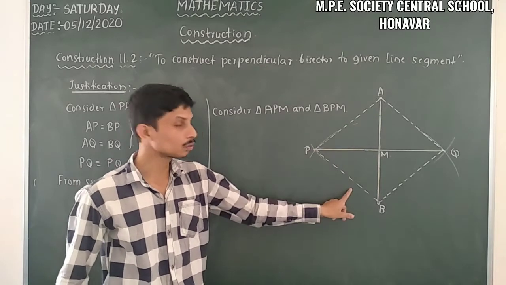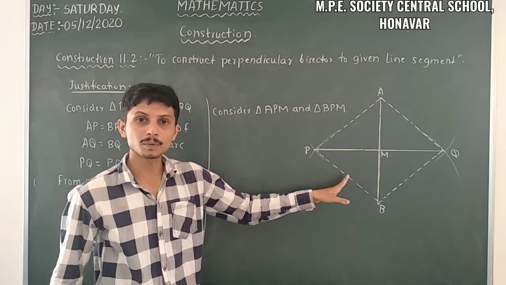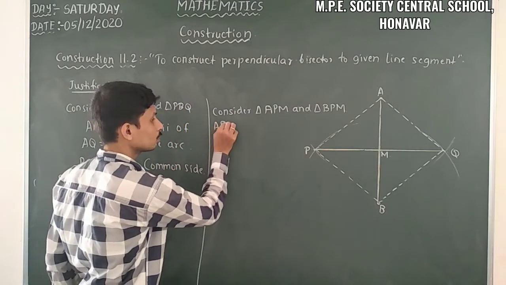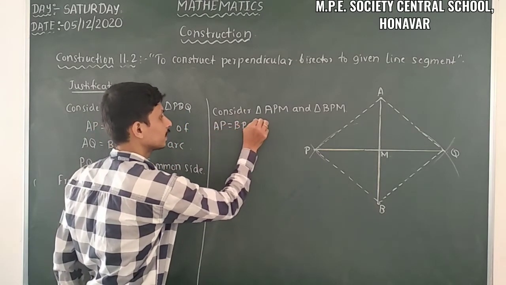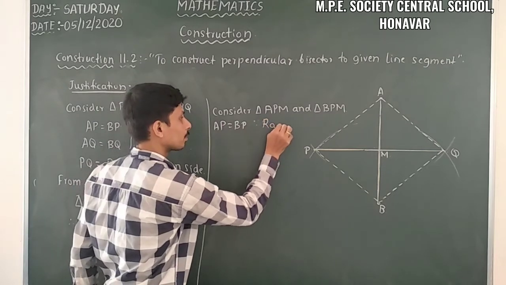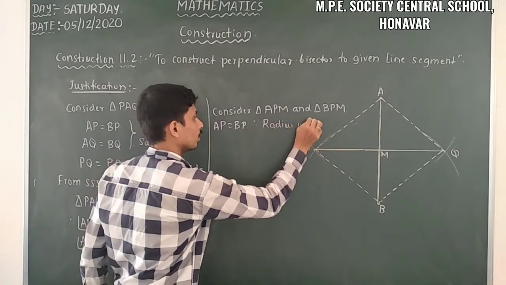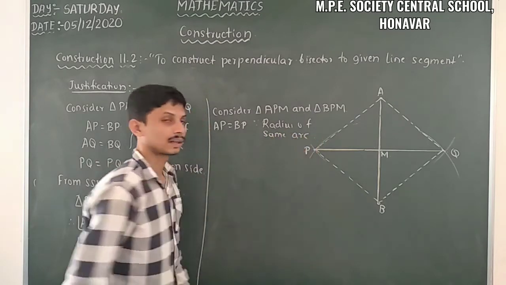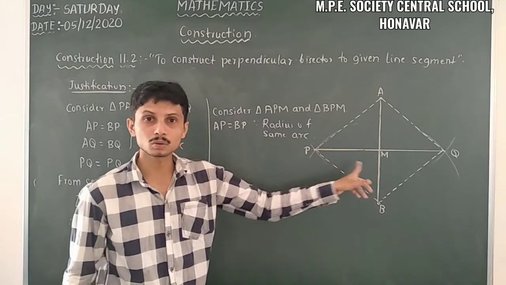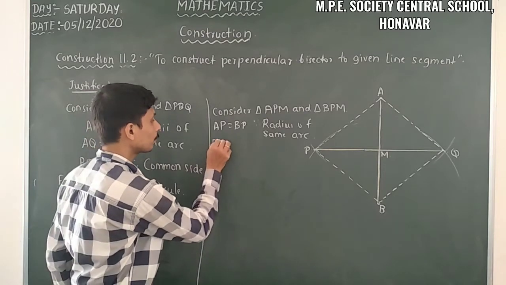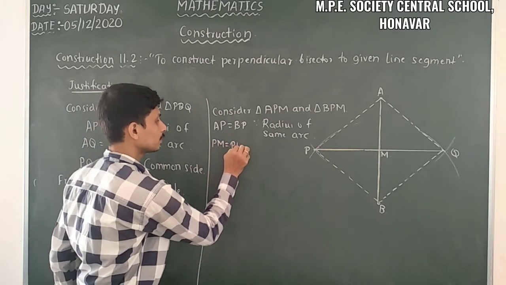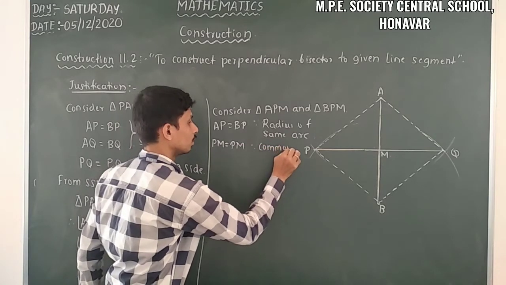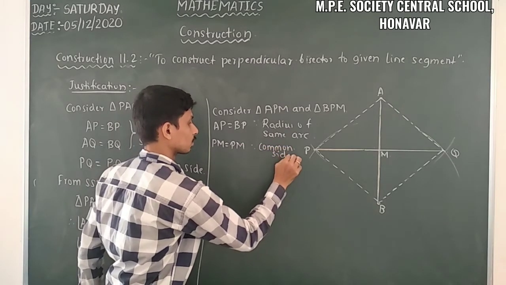Here AP is equal to BP because they are radii of the same arc. Then any other equalities? PM is equal to PM. PM is the common side for both.